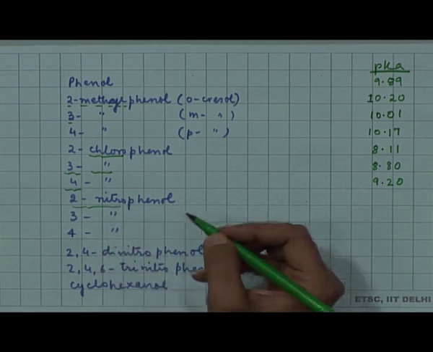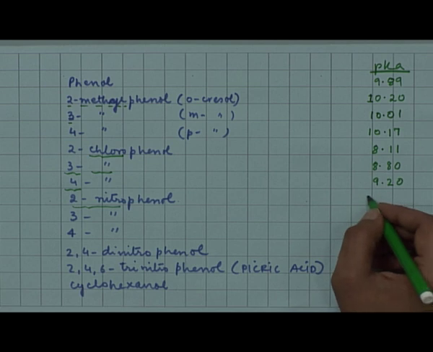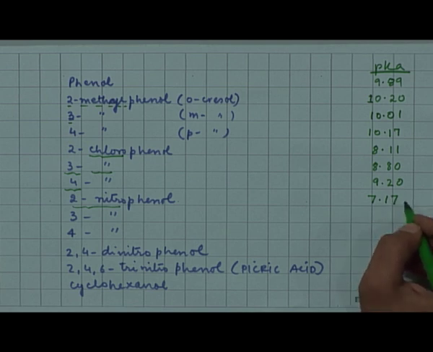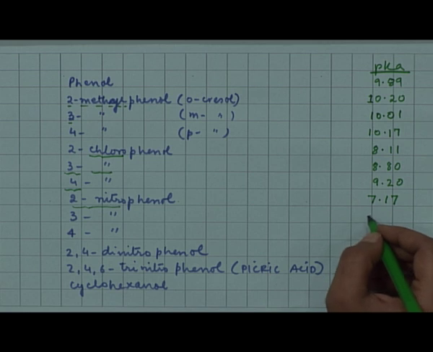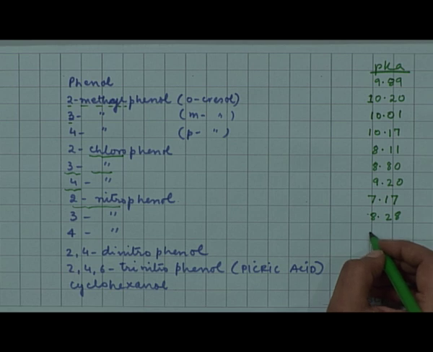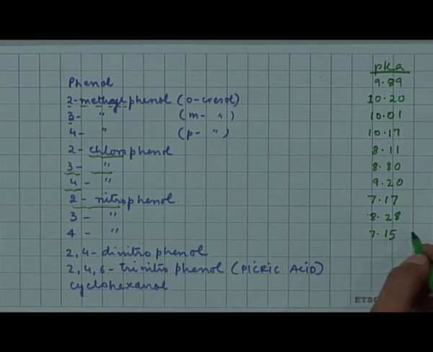2-nitrophenol, very strong electron withdrawing, it is the minus M effect which makes it most acidic, more than that of the simple phenol, and the pK becomes 7.17. With 3-nitro the minus M is not operative, it is the minus I, you have 8.28. With the 4-nitro derivative it is similar to the ortho, 7.15.